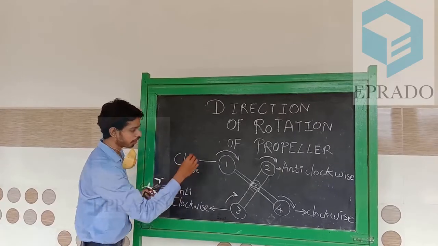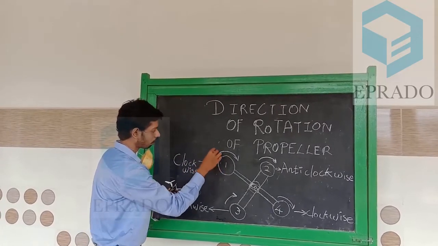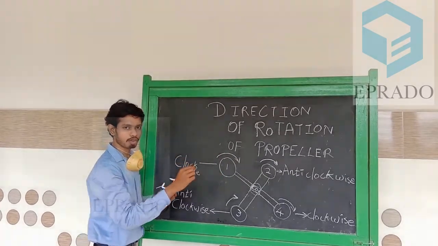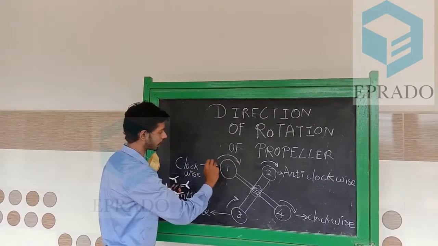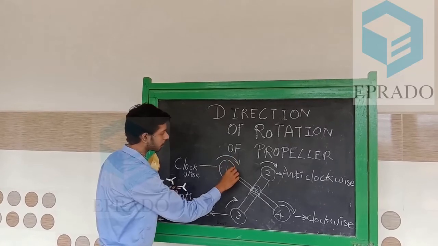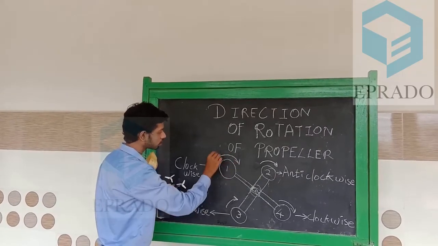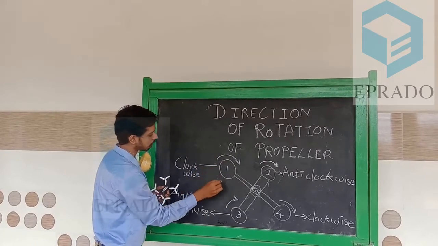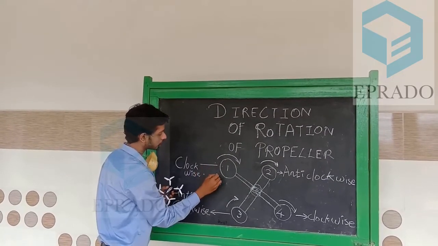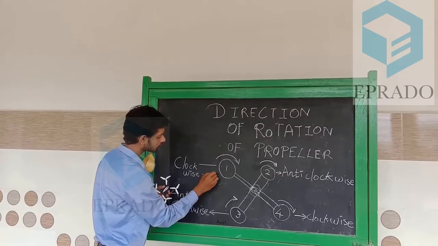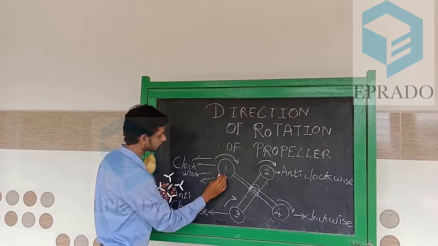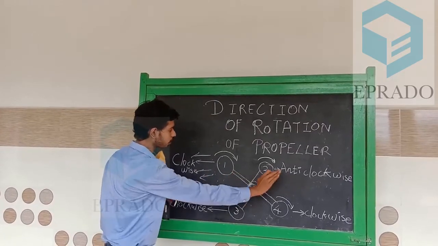If any particle rotates in a particular direction, it will create a force in that direction. If this propeller moves in this direction, the particles around the propeller will start moving in this direction, and hence the drone will move in the opposite direction.